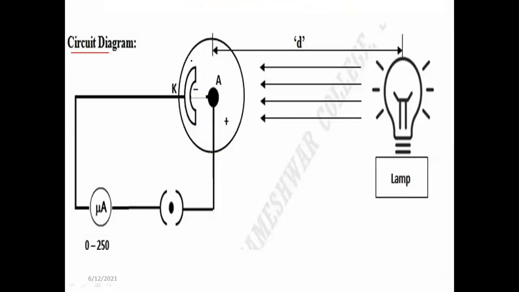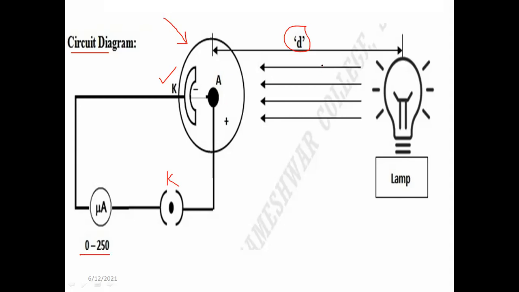According to this diagram, this is the photocell, which consists of a cathode K and the anode. This is the three-dimensional diagram, and this is the top view. Small d is the distance between the photocell and the lamp. Then this is the plug key and the microammeter having a specific range, which are connected in series with the photocell.